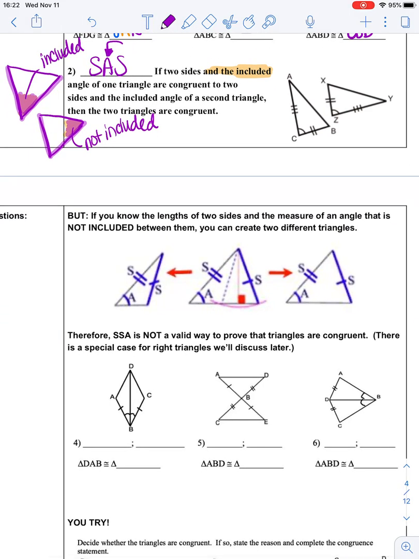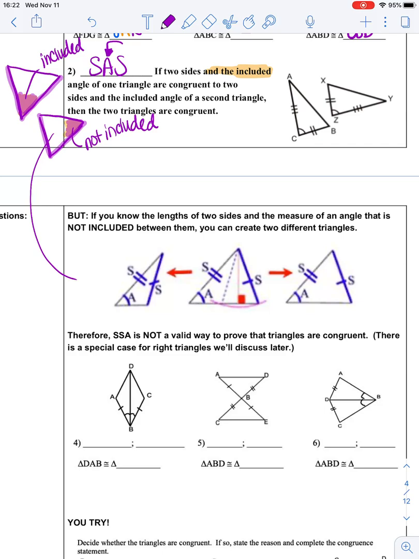Now if you look, you can have two sides and an angle that's not included, like we had up here, right? But what happens is, because you're able to swing it around, you end up with two different triangles. So if I gave you two sticks and an angle, but I gave you each two different angles, then you might not get the same triangle.